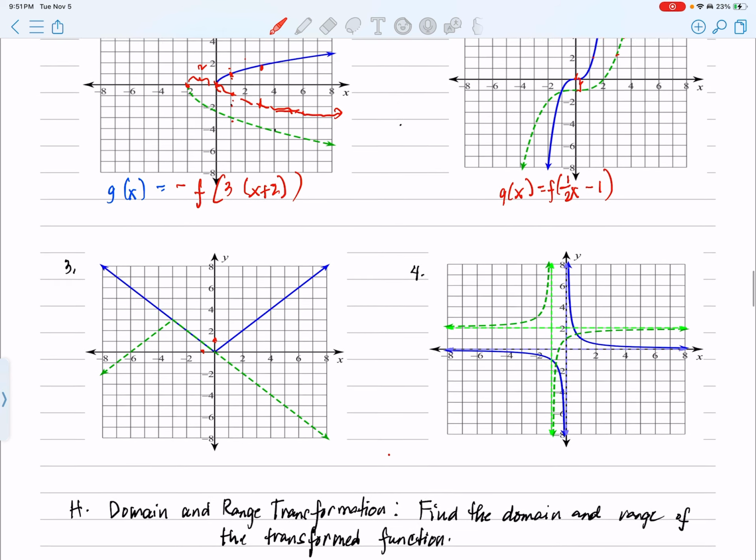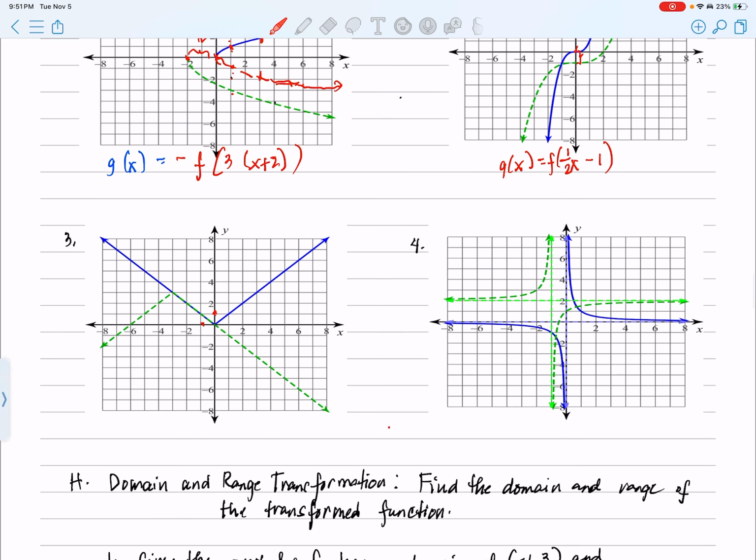Okay, let's do this. This is the graph. This is an absolute value function. So it is now inverted. So there is a reflection.